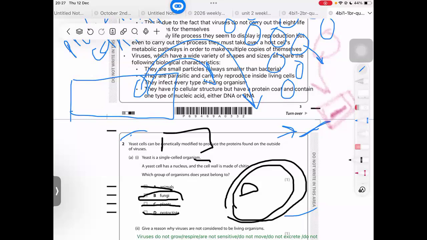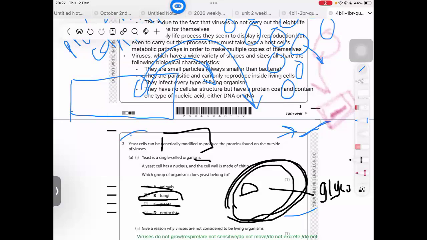Because fungi have specialized features. For example, they have a cell wall made up of chitin, and also they store glycogen as their storage carbohydrate, right? So the answer would be B. Let's write down a review for that.